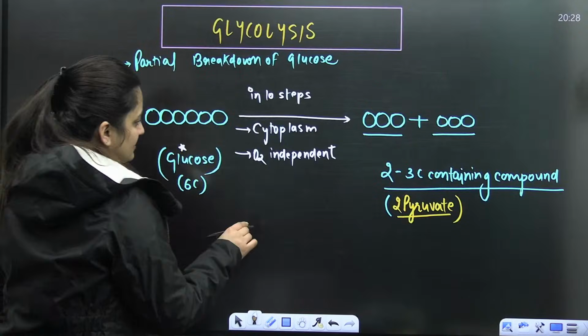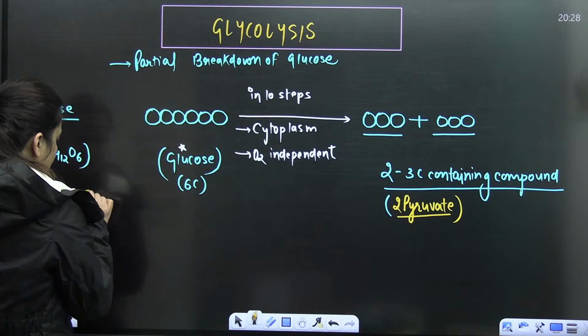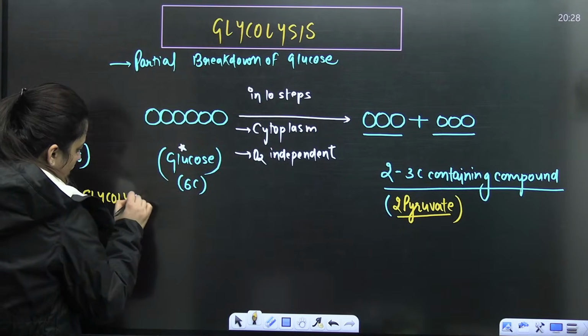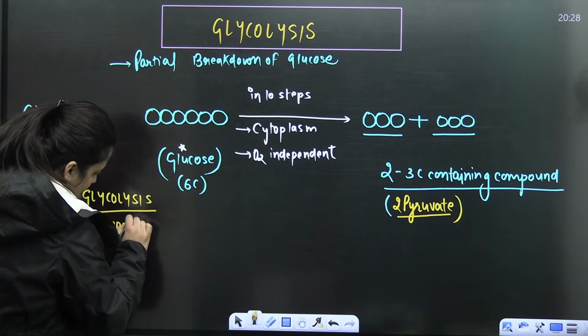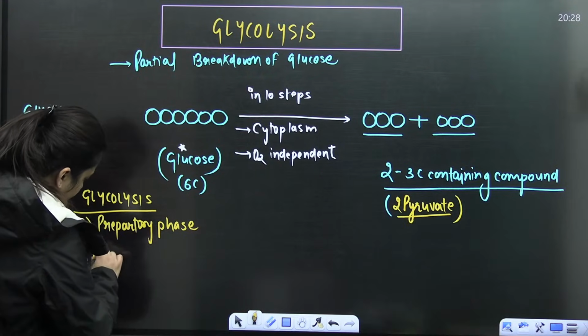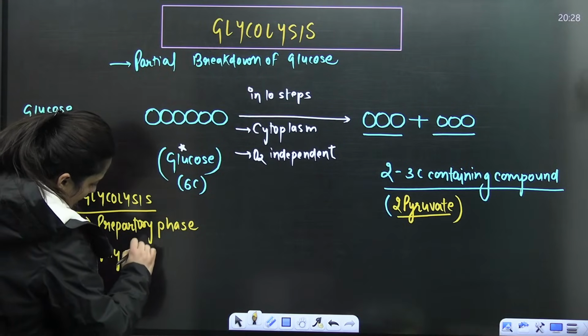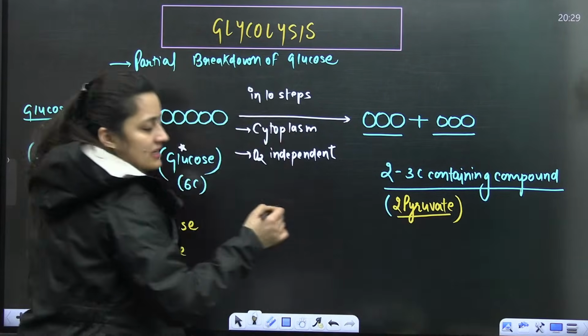Now, the glycolysis occurs in 2 phases. Number 1 is the preparatory phase. Number 2 is the payoff phase. Let me give you an example.